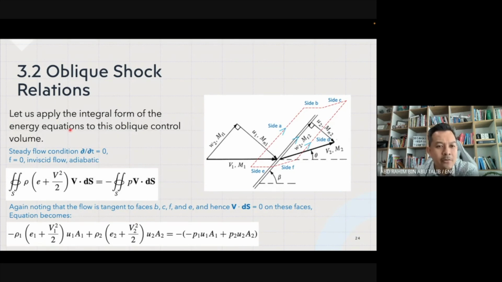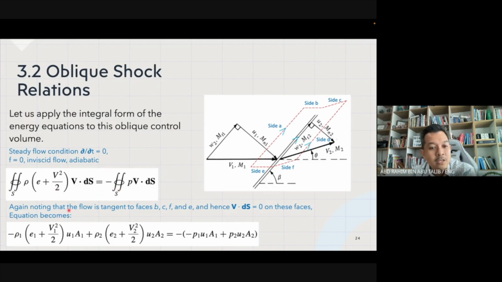So let us now apply the integral form of the energy equation. You have already done the continuity equation and the momentum equation, and now we consider the energy equation. It is a similar condition: steady flow, f equal to 0, inviscid flow, as well as adiabatic. So the energy expression is there.